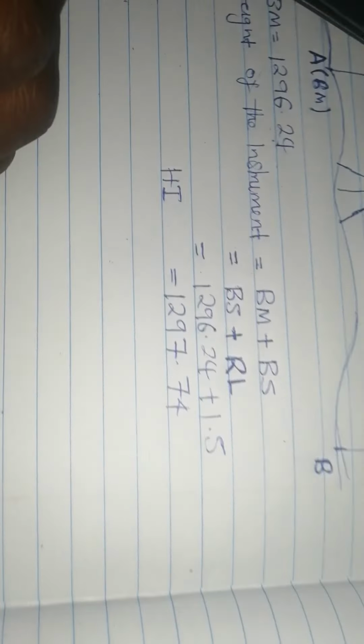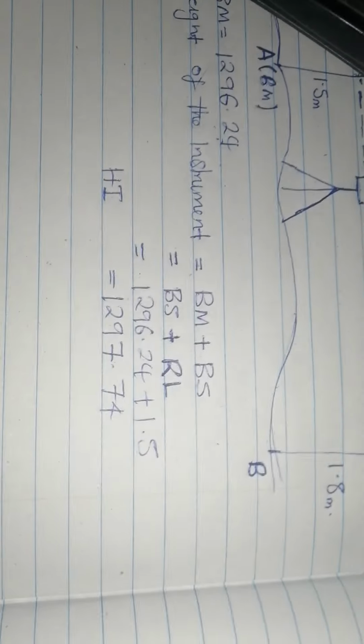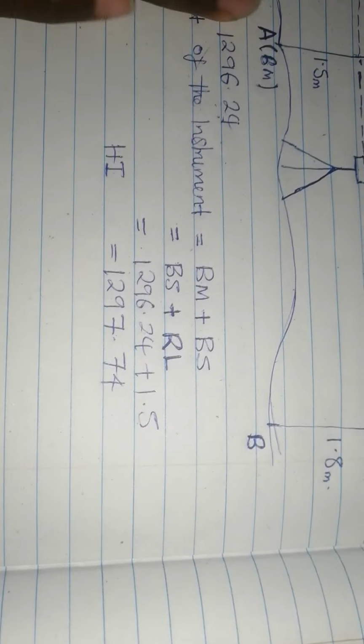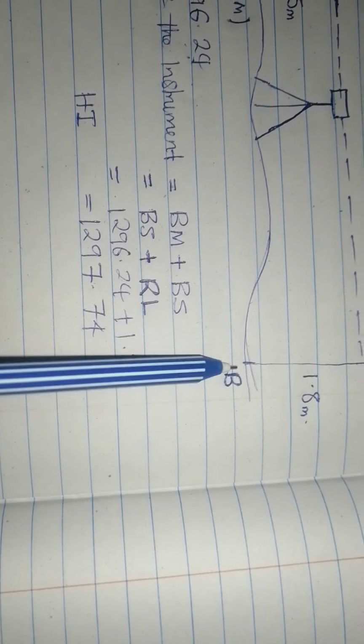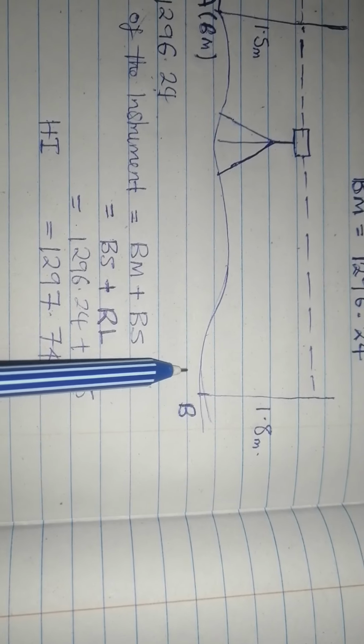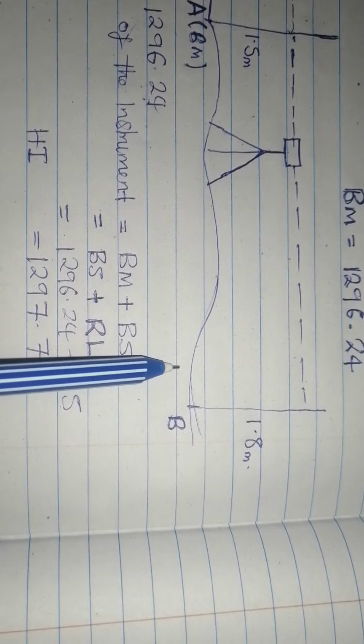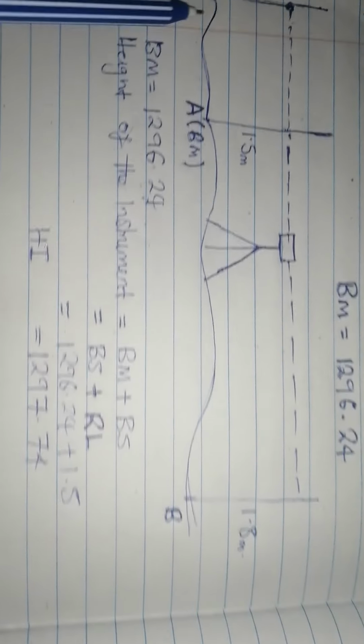So now let's proceed to finding the reduced levels at this particular point and at that particular point. What they want you to do is to find the ground level at that particular point.